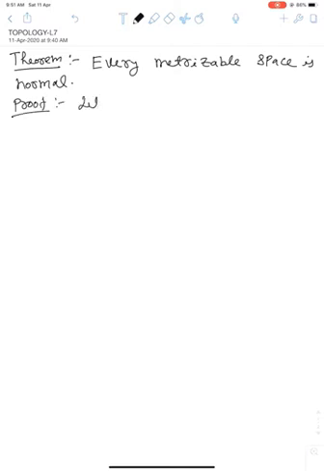So let X be a topological space, or you can just write a metrizable space, with the metric d.